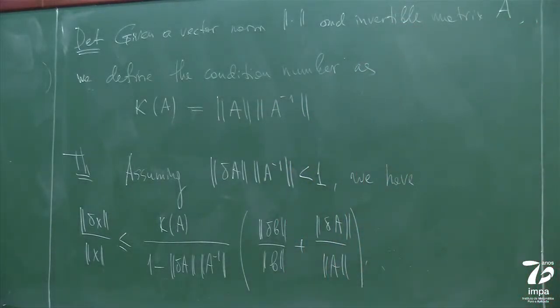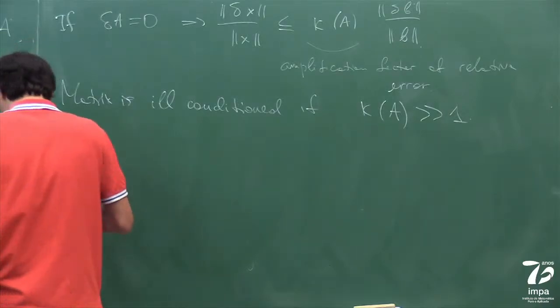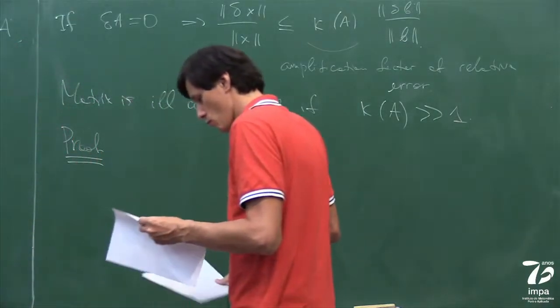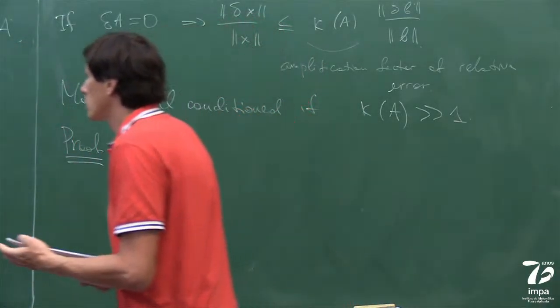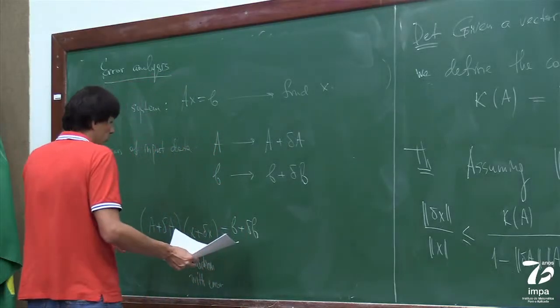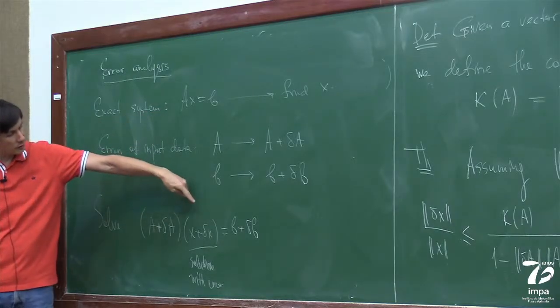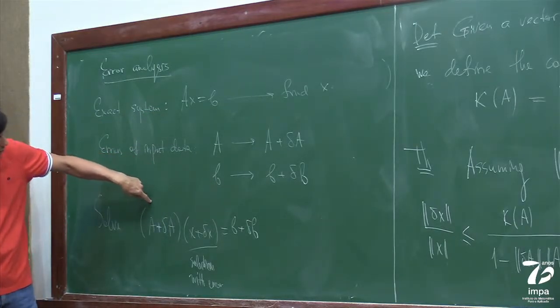So let's prove it. Proof. Okay, so how do you do the proof? You open this product. Remember that AX equals B, so AX equals B cancels.